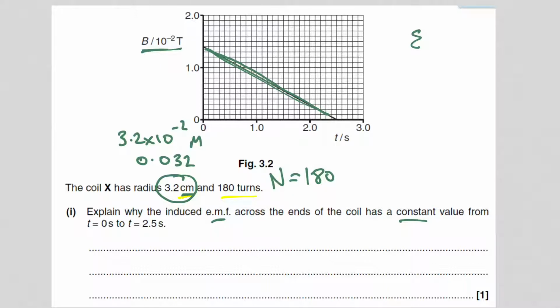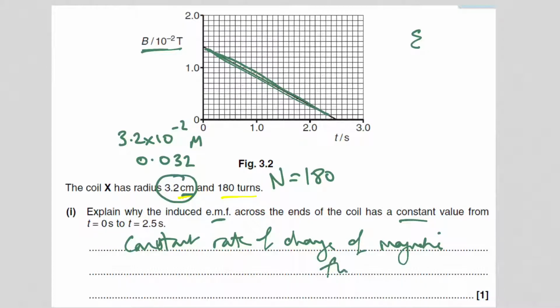So the answer for this would be a constant rate of change of magnetic flux. So because it's continually getting less at a steady rate, at a constant rate, then therefore you'll get a constant value of EMF.